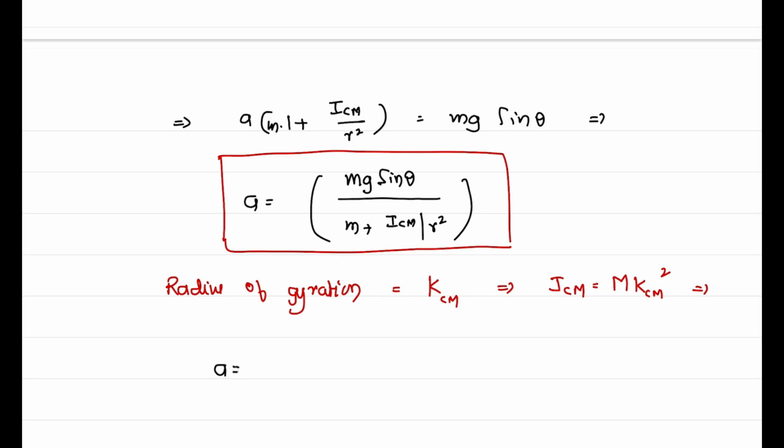A is equal to mg sin theta whole divided by m plus m kcm square by r square. We take m common in the denominator and numerator and cancel it.